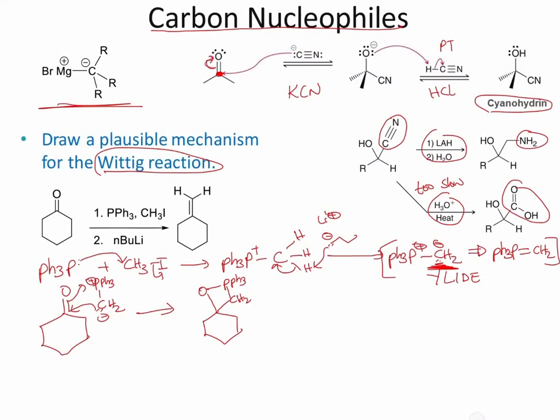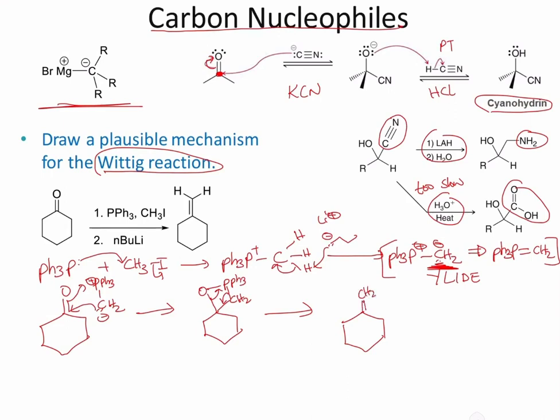Now, the phosphorus has higher affinity for oxygen. So what happens is just a rearrangement. This one goes there, this one comes here. So we form a six-membered ring with a CH2.